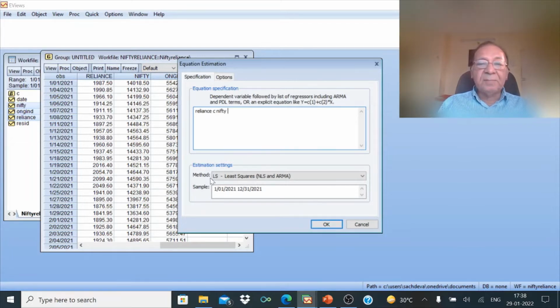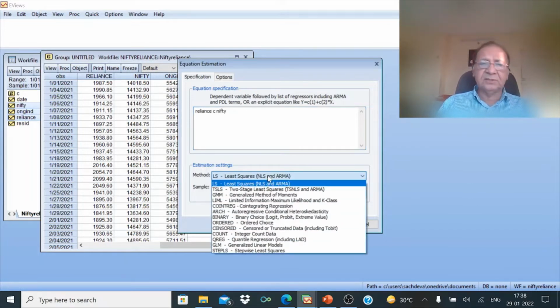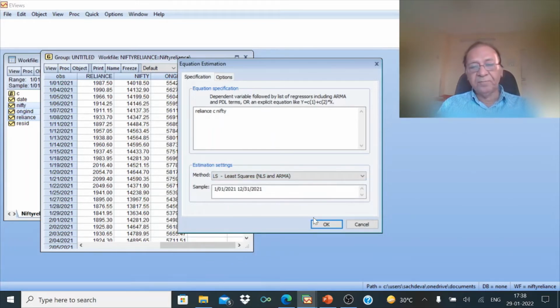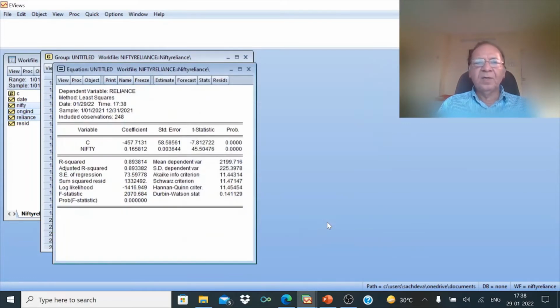This is the least squares method. There are other methods of regression also, but today we are going to discuss only least squares, and the sample period is for this. We will say okay. So now this is our regression equation. The constant in this regression equation is minus 457.7173.